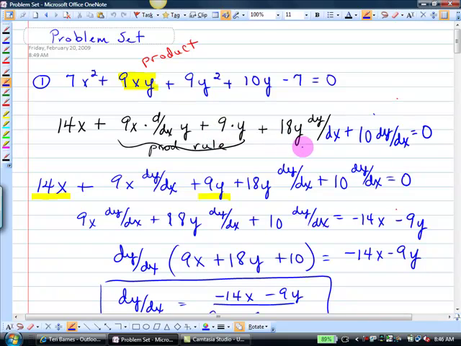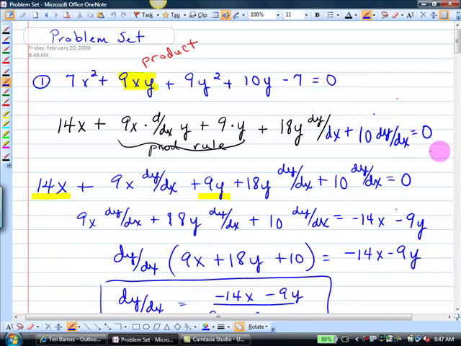And then we have 18y dy/dx, that's from there. 10, why do I not have a variable? I just have 10 dy/dx. That came from here. Why do I have that? What would be the derivative of 10x? 10. So the derivative of 10y is 10, but then I have to attach the dy/dx. And then we have 0.